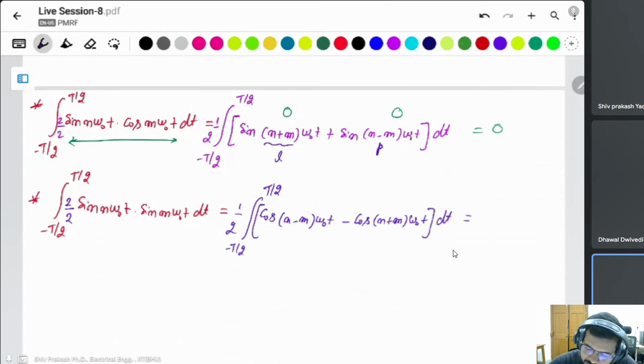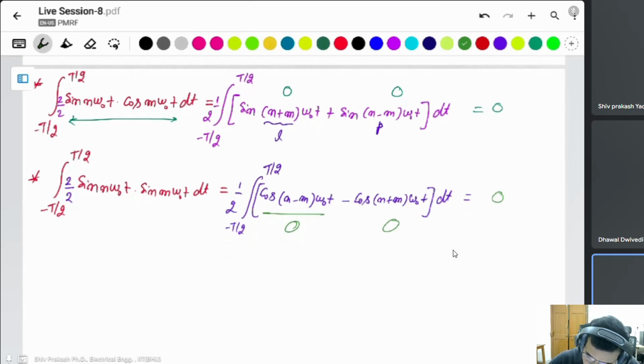This is also the same, cosine in both. This is also 0. A simple integration of a cosine signal for a time period, and this is also 0.